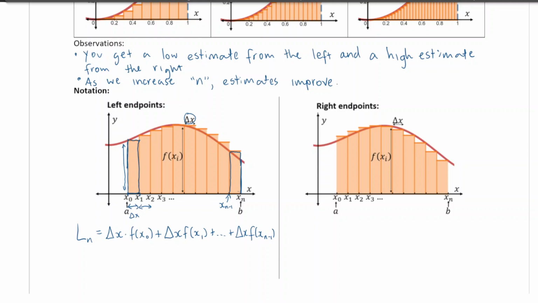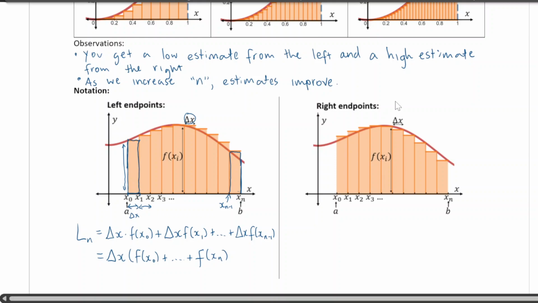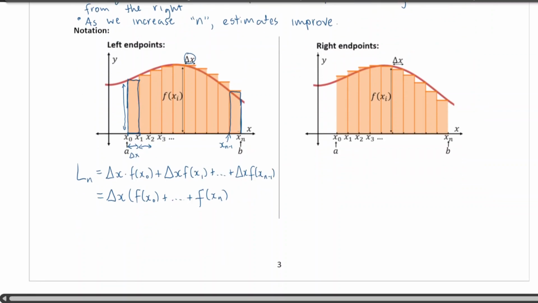Okay, you could write this a little bit faster because every single one of these area calculations has the same width. We can factor that out if we want. And just put delta x on the outside, and then you would just add up all the heights. Okay, we could also use some summation notation here.